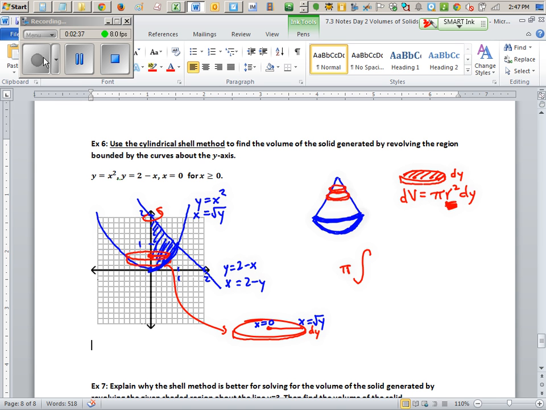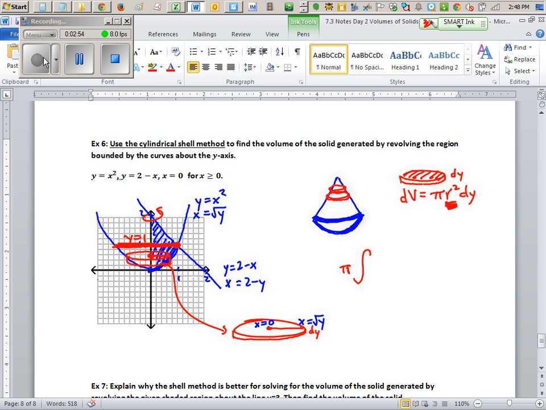Okay, but that's only true between 0 and 1 on the y-axis. So if you stay under this line y equals 1, all your washers, all your disks look the same. They all have that same radius.